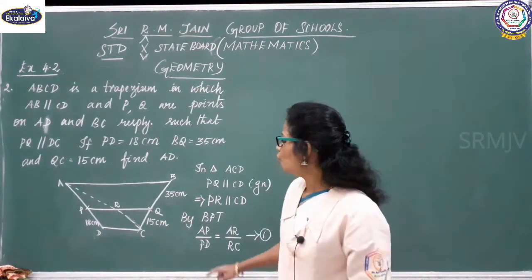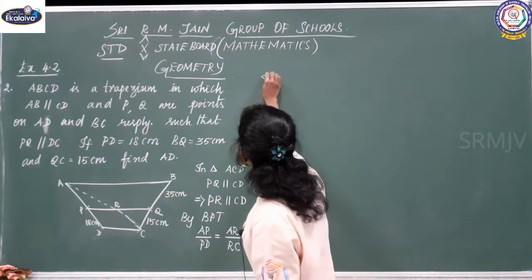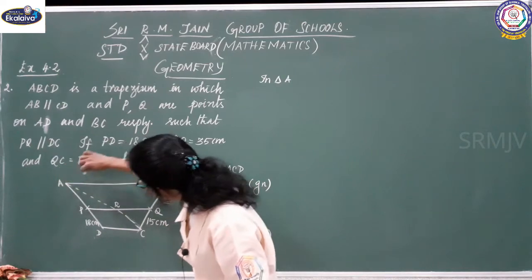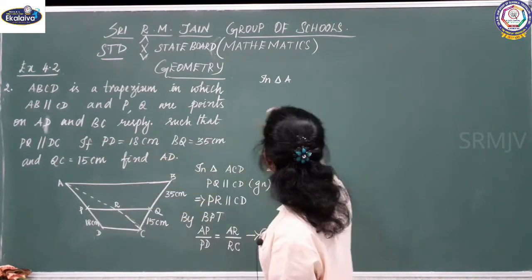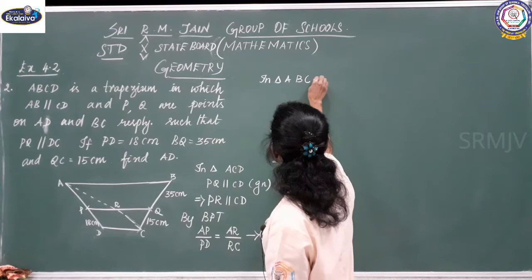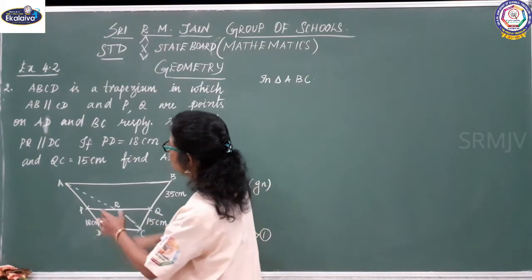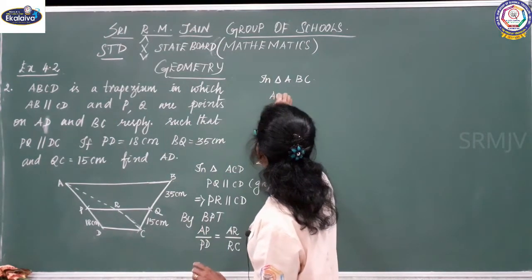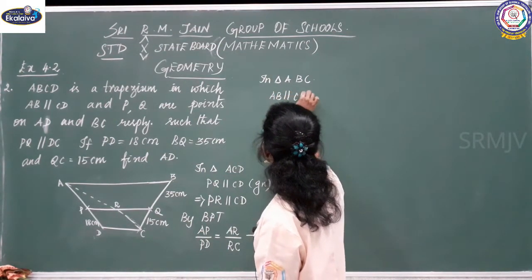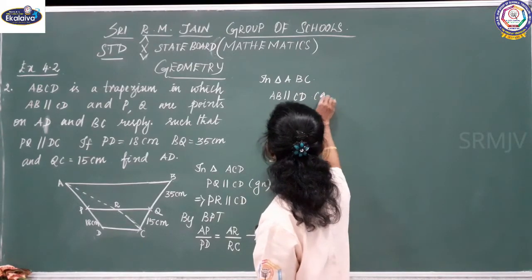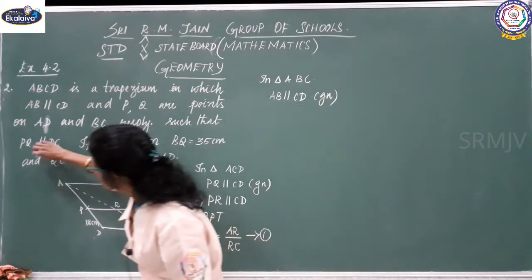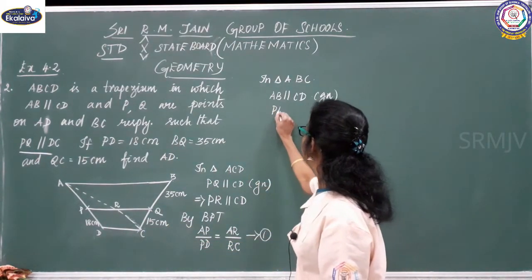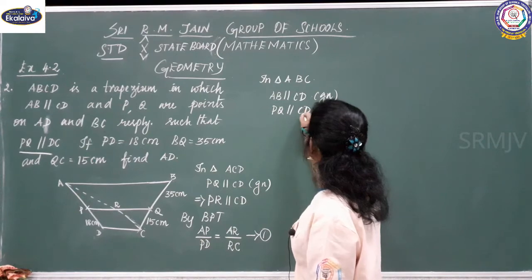Now in triangle ABC, what is given to you? AB parallel to CD. One more thing given: PQ parallel to CD.